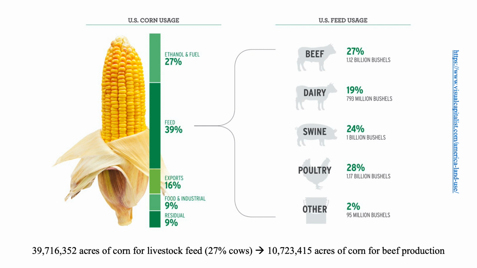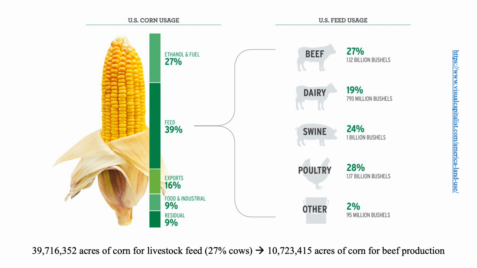And that's really very few acres compared to field corn. Field corn is grown for these types of feedstock uses. And you can see here that 39%, almost 40%, is used for livestock feed, and then that's broken down further into beef, dairy, swine, poultry, and other livestock uses here on the right.